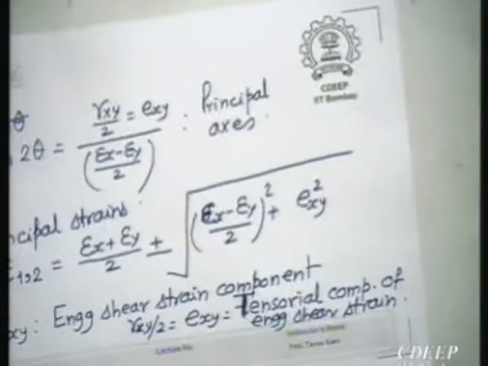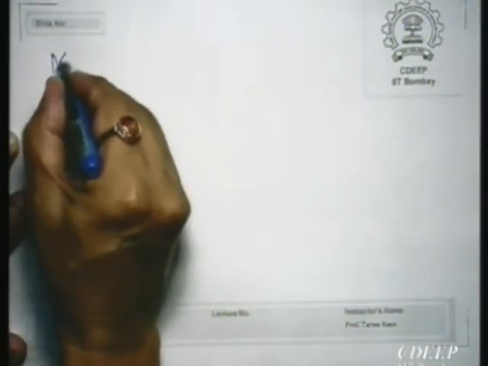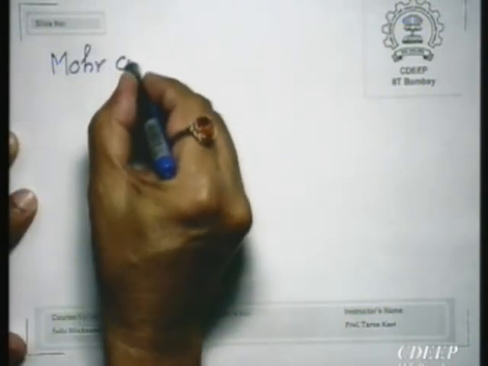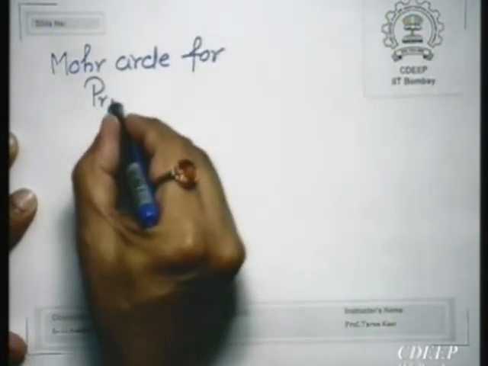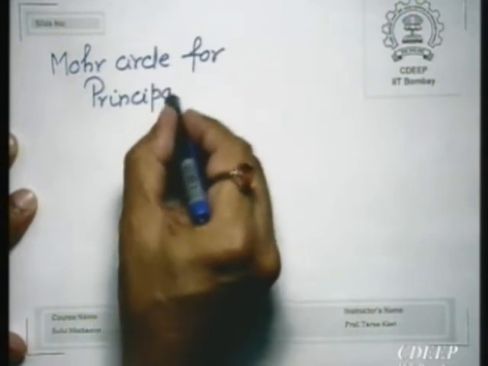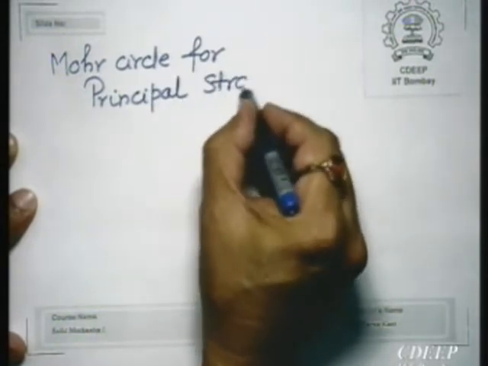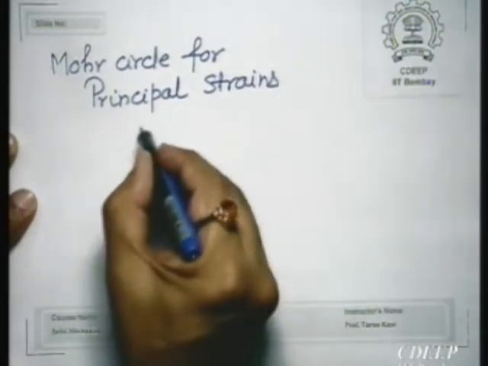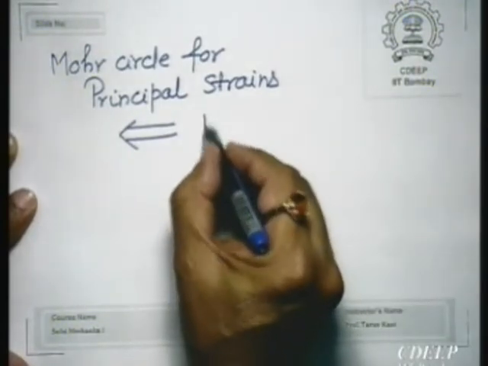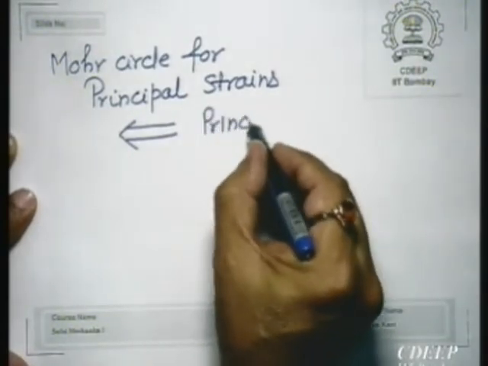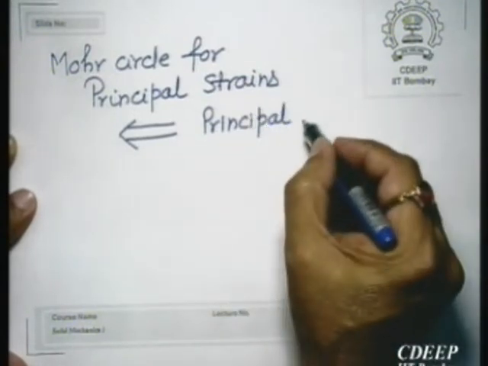So, you can also use the Mohr circle for plane strain, a geometrical construction for finding out principal directions and the principal strains. Exactly similar to principal stresses.